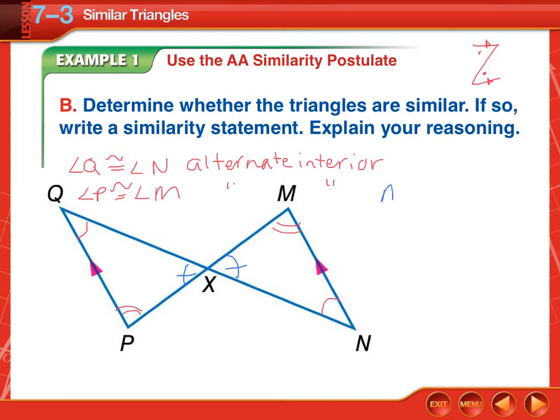So here, by angle, angle, angle, we could say triangle QXP. I could put those in any order I want, but now I have to write corresponding orders. So Q is corresponding to N, then I would write M and X.